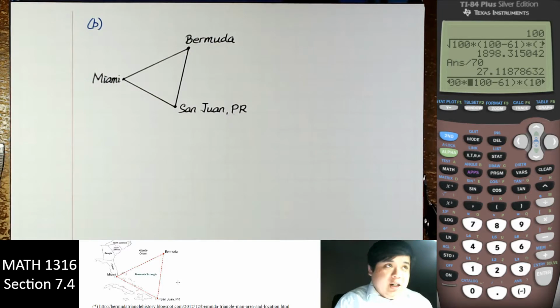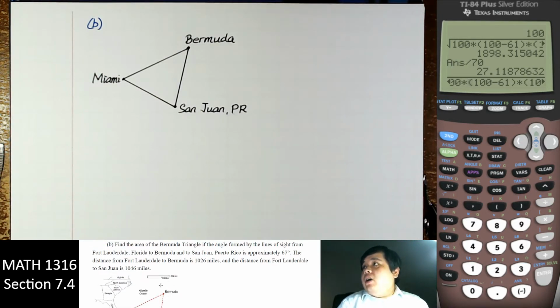So that will form a Bermuda Triangle. And then we are asked to find the area. So let's read the question.